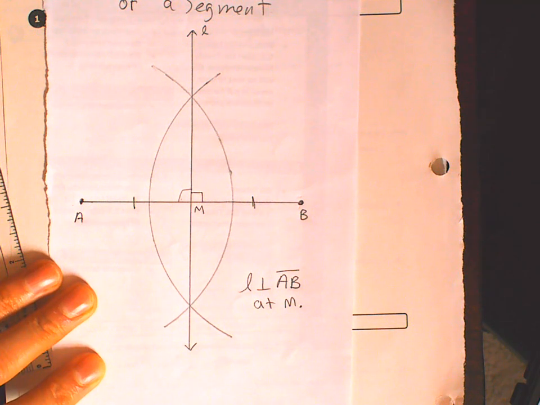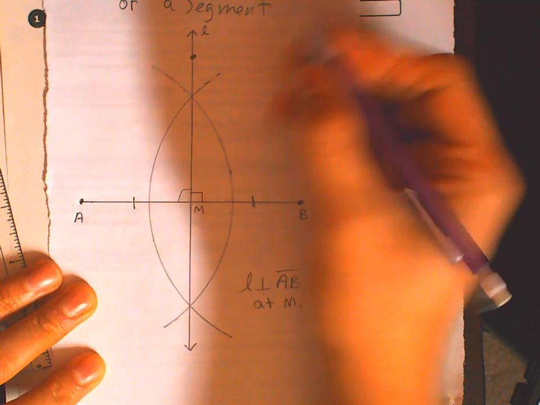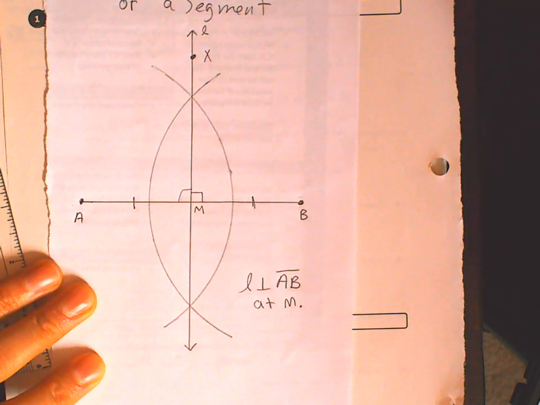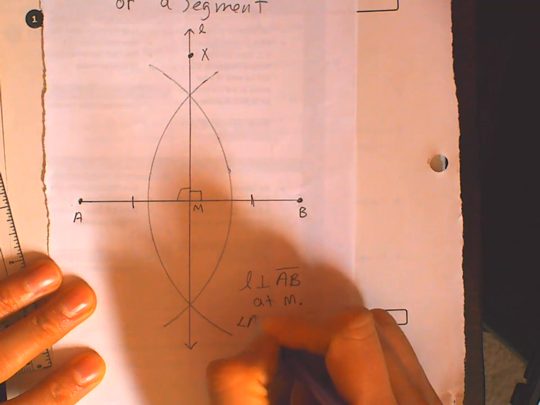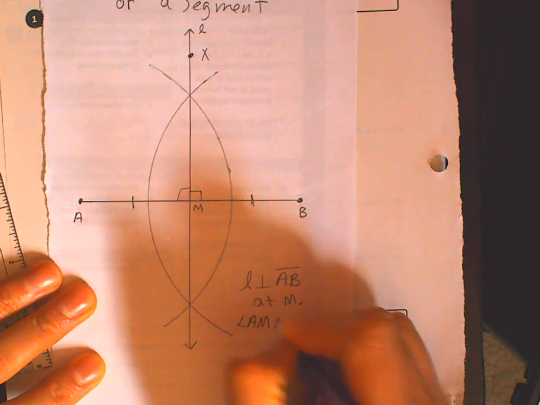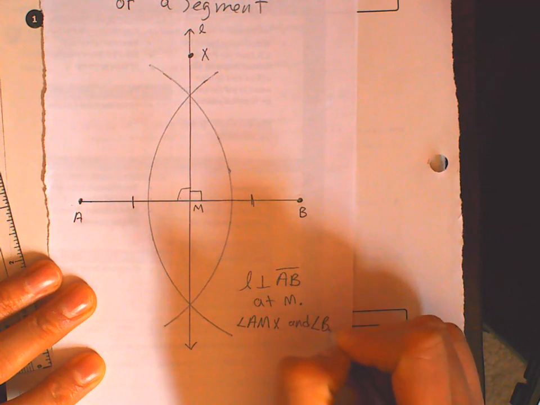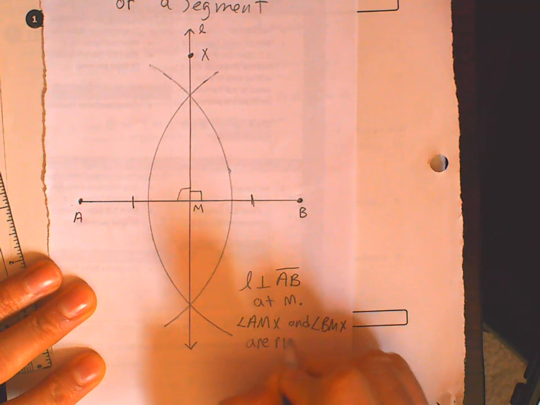Now I'm going to place a point somewhere on this line that I am going to call point X. So in here you have both angle AMX and angle BMX. They are both right angles.